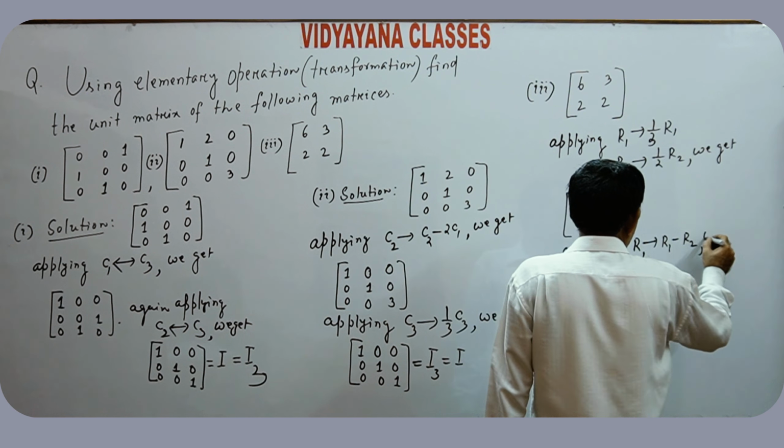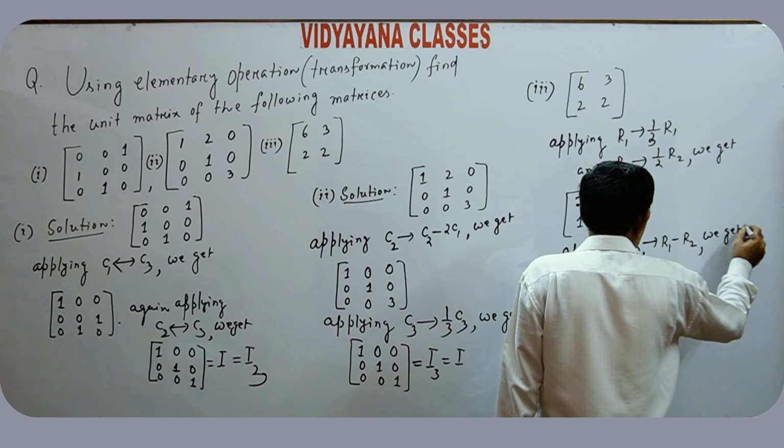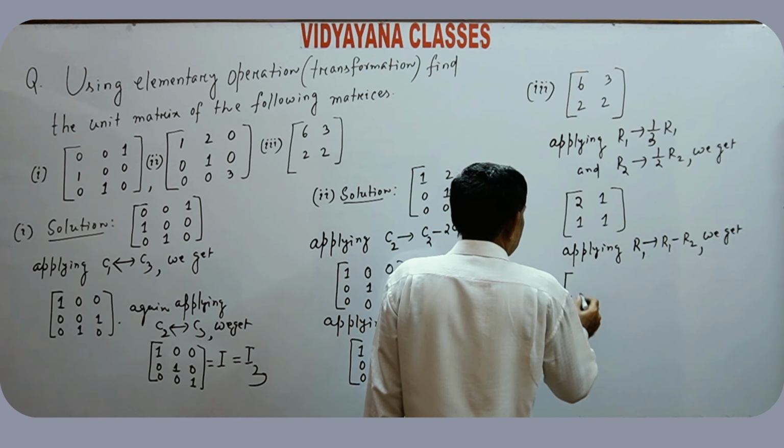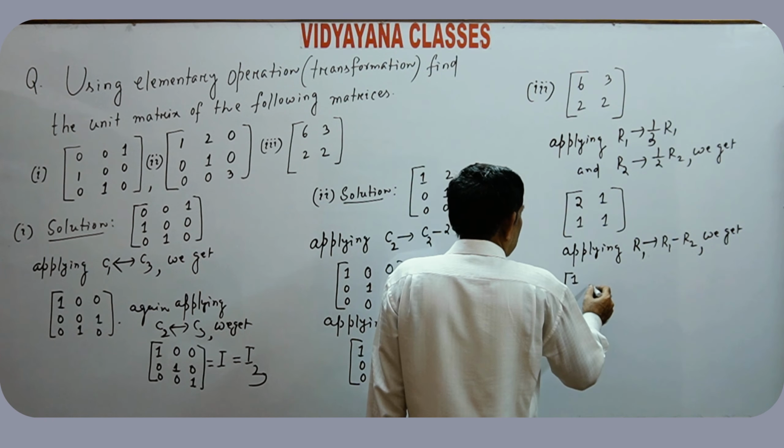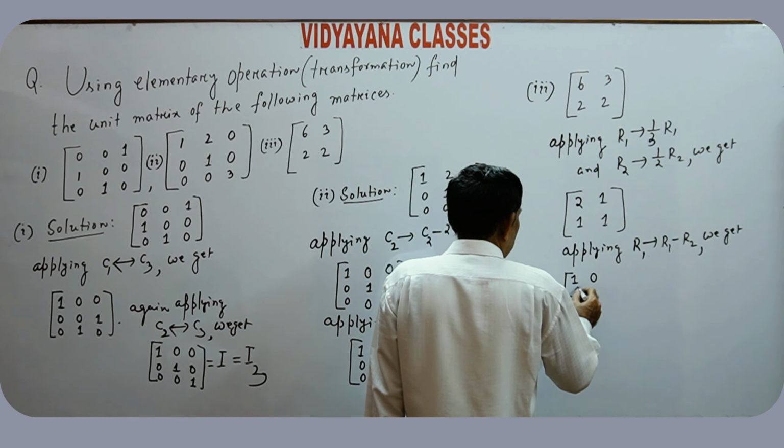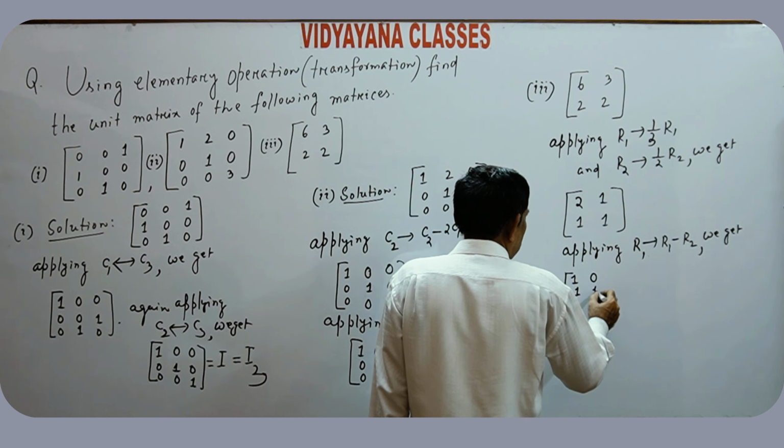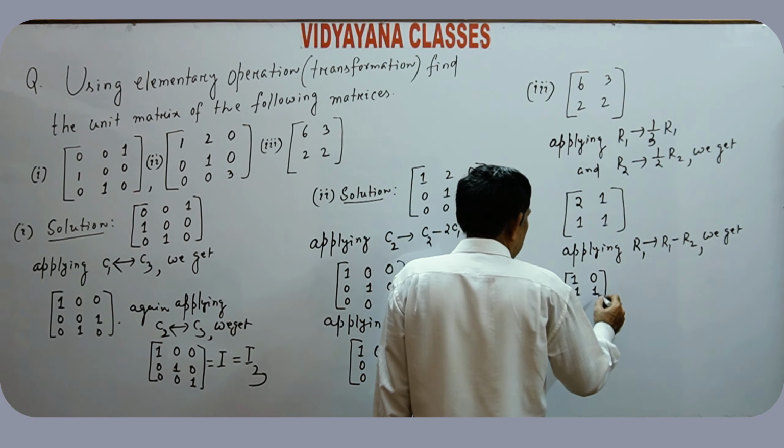We get the matrix having elements 1, 0, 1 and 1.